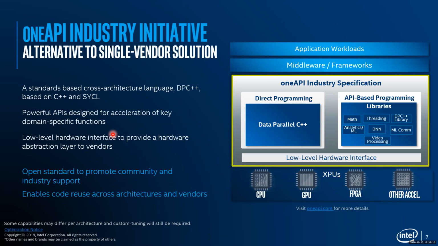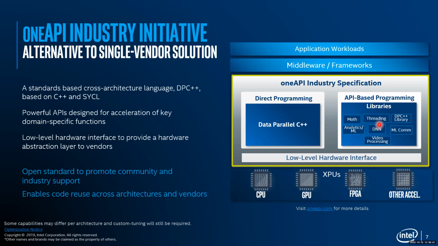So let's see what is actually included in the OneAPI open specification. One thing is direct programming, and it has an open unified language called data parallel C++, and there's API-based programming with a set of performance libraries for expressing parallelism and delivering native high-level language performance for all supported platforms.